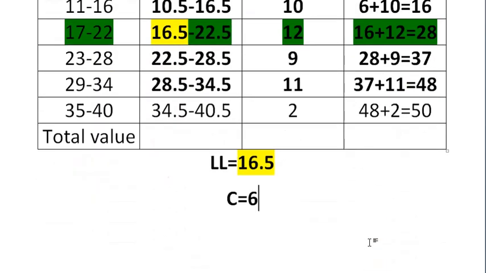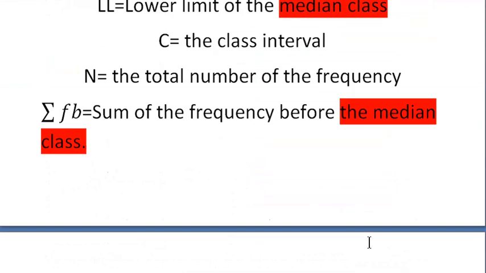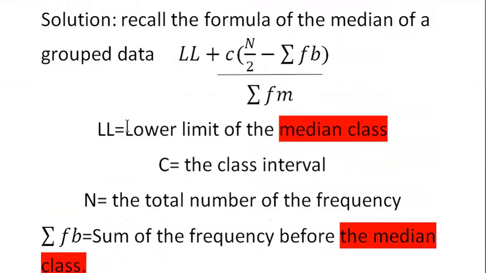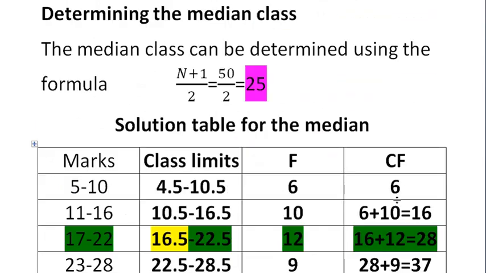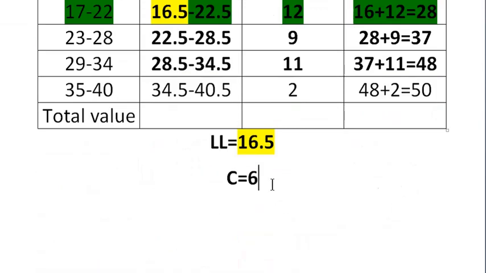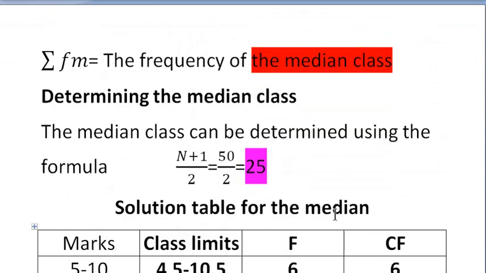We have gotten our class interval to be 6. The number of frequency, which is n, is already given to us in the question. N is equal to 50, the total number of frequency.